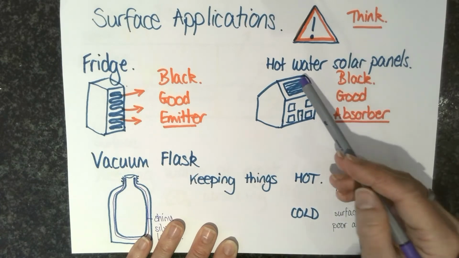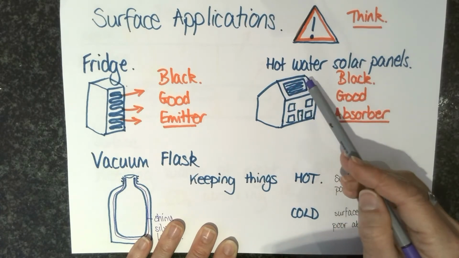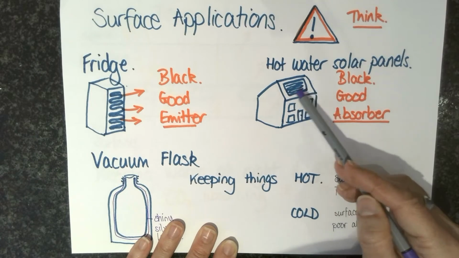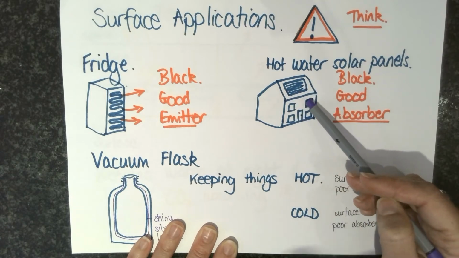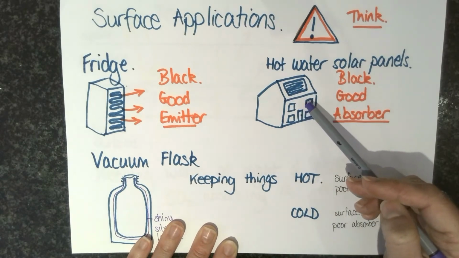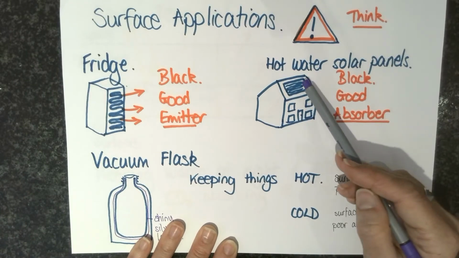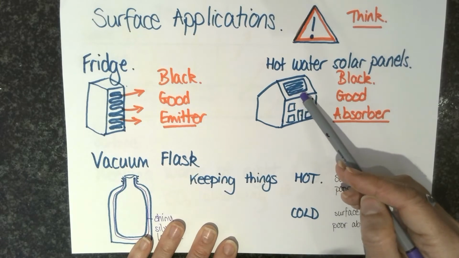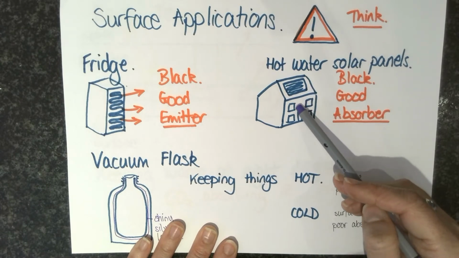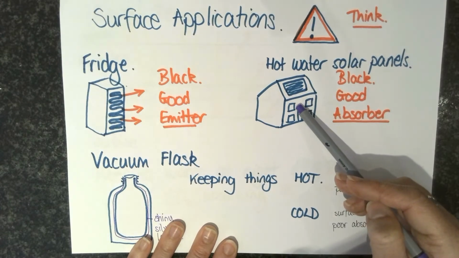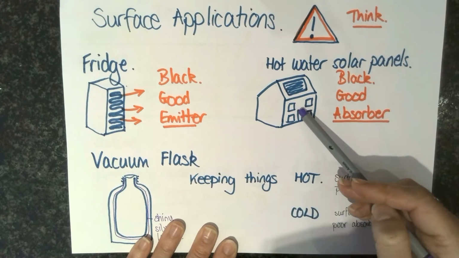A solar panel has a series of black painted pipes which zigzag backwards and forwards across the panel in the roof, and they are being heated by the sun's infrared radiation, and the water in those pipes is being passed through and heated as it goes through, and then that goes into your central heating system and is already preheated a bit, so it reduces the amount of energy needed to heat your house.